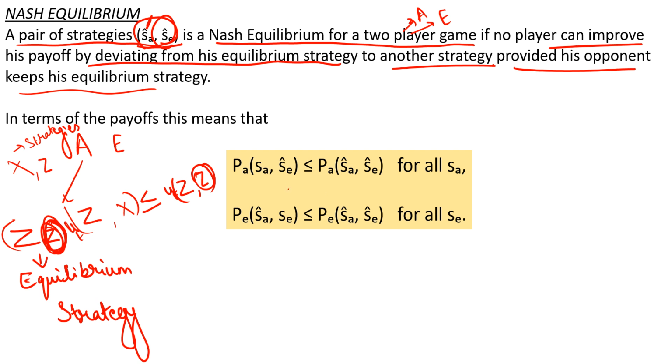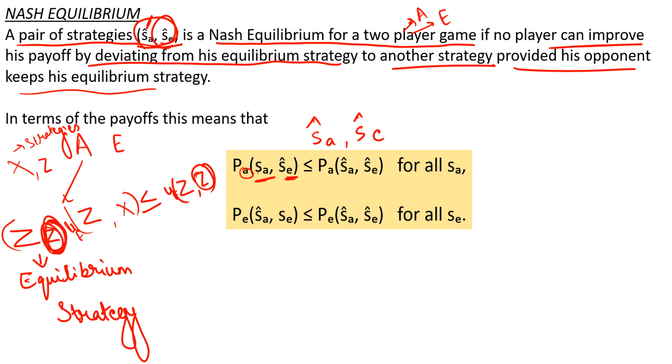In terms of payoff, we can say it like this. Let's suppose the equilibrium strategies are S hat A and S hat E. Over here, we are representing u A as the payoff of A. So this represents the payoff of A from S A and S hat E. That is, player E is sticking to its Nash equilibrium strategy, but A has chosen any strategy.